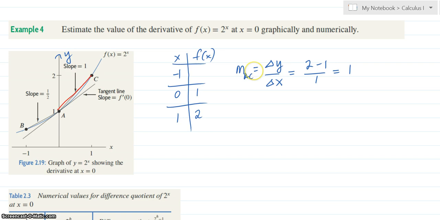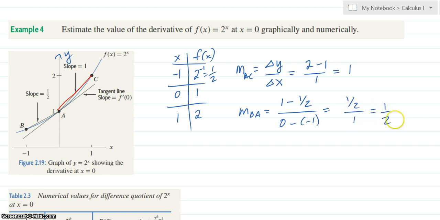Then let's take the slope of BA, because we know at -1, that would be 2 to the -1, or 1/2. So we're going to have 1 minus 1/2 all over 0 minus -1. Again, new minus old, new minus old. So it's going to be 1/2 over 1, so just 1/2.